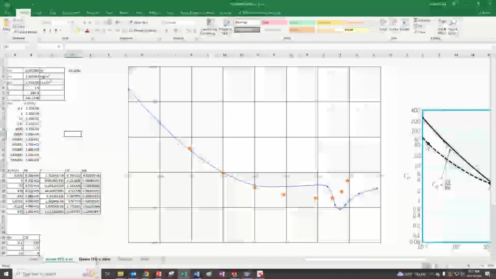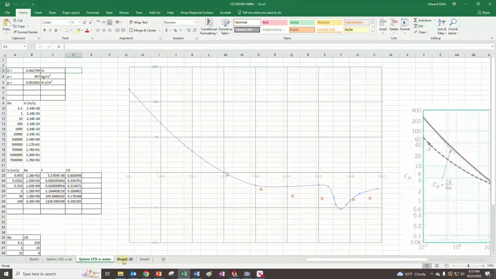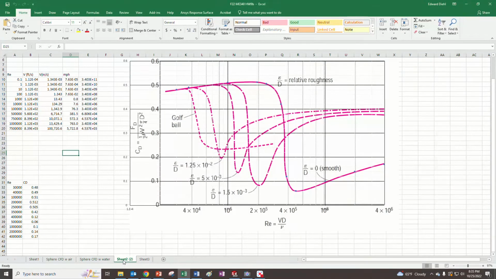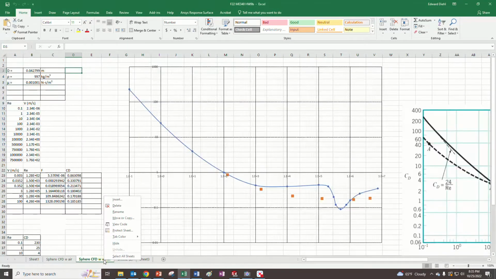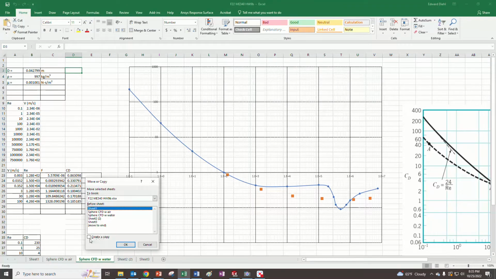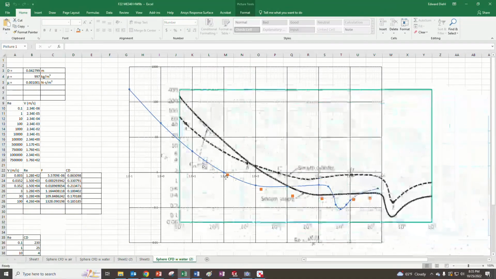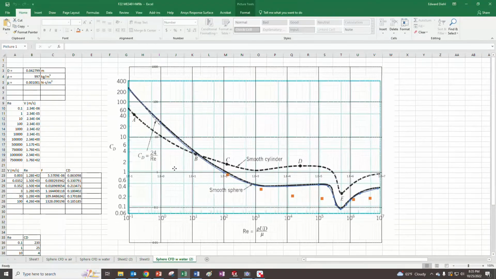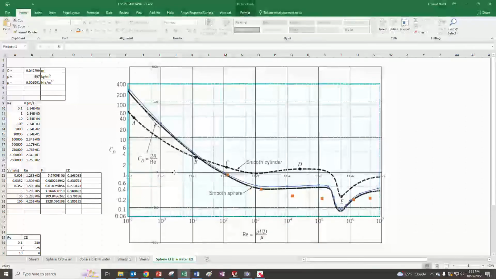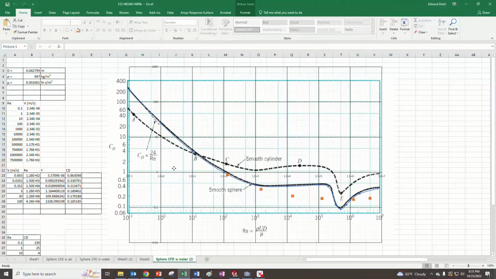I think I didn't save any of these where I did it, so I'll copy this one over and show you that, because I don't want to mess up this one right here. You can superimpose and go on top of this by aligning the grid and then plotting out the points.